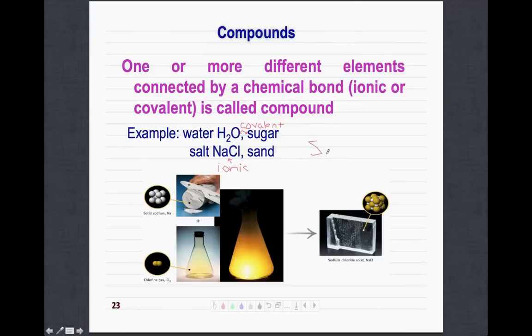For example, water. Whenever I say water, it's definitely H2O. It couldn't be, for example, HO. If we're talking about water, this is what it is. It's H2O. OH is another thing. It's hydroxide. If it is H2O2, it's hydrogen peroxide.